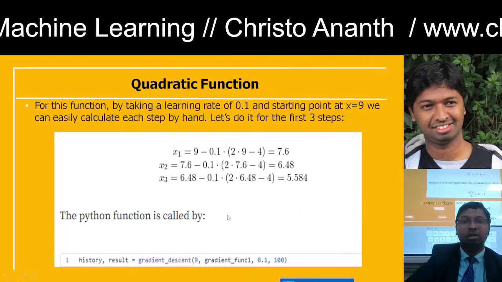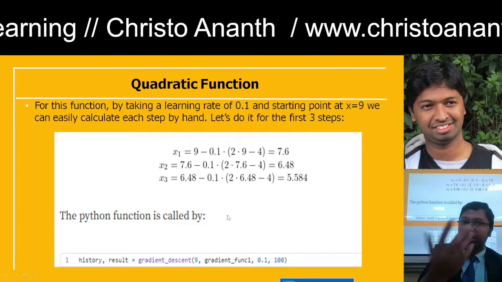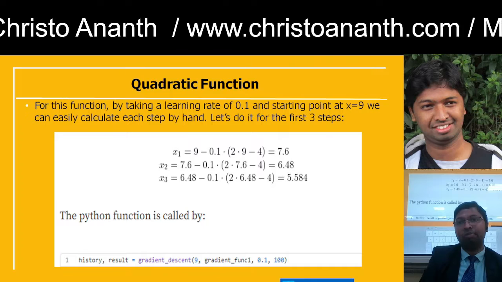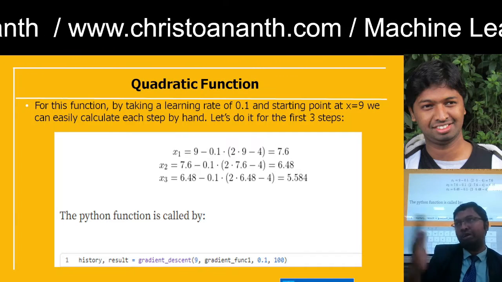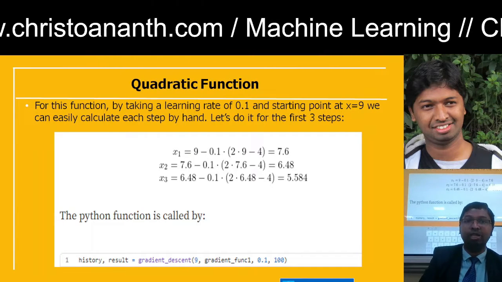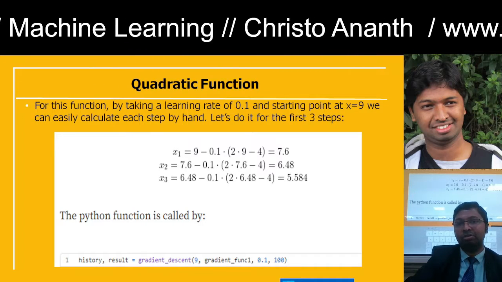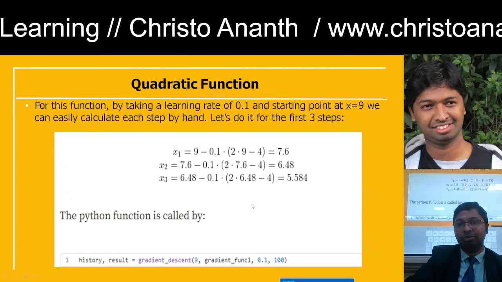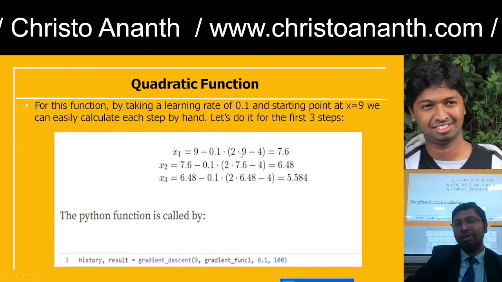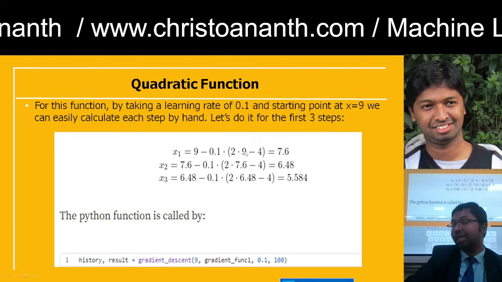So you can take the learning rate as maybe 0.1, and take the start point, the initialization point, at x is equal to 9, and calculate each step. For example, x1 is equal to 9 minus 0.1 multiplied by (2 multiplied by 9 minus 4).